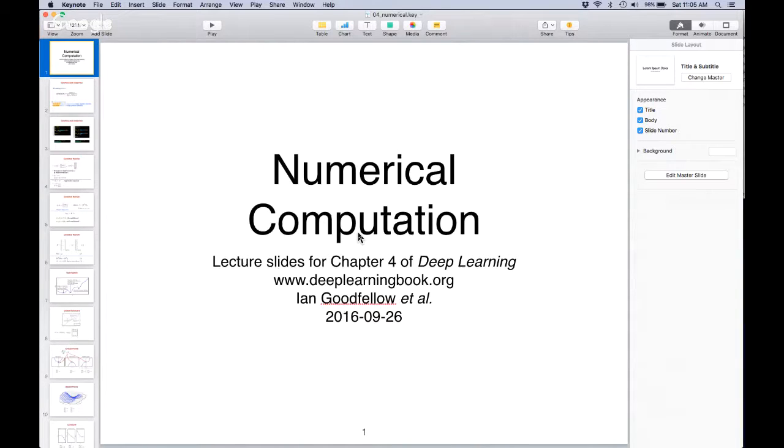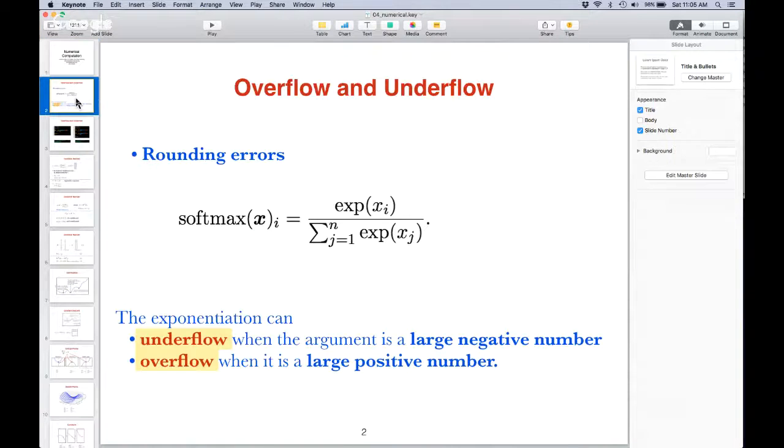So this chapter talks about the numerical computation aspects of deep learning and the gradient descent algorithm. It starts off with the rounding errors concept in numerical mathematical models.